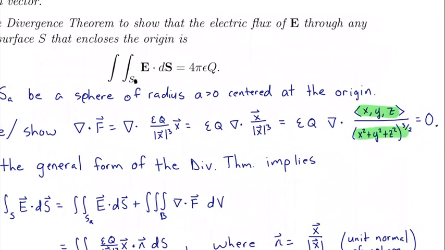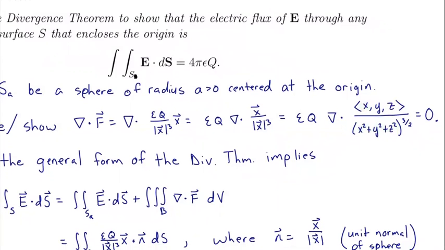Each of these components is divided by the magnitude of the vector cubed, and that's what we see below. So the reader is encouraged to carry out the details of this. It'll be partial of x times this component over that, plus partial of y times this component over this, plus partial of z times this component over this. Those will be all three quotient rule partial derivatives to take. Be careful with the details, but you'll find that when you simplify it, that divergence calculation does in fact come out to 0.